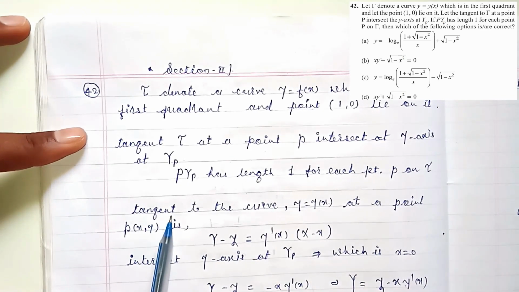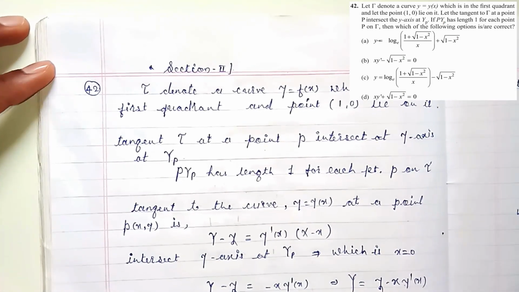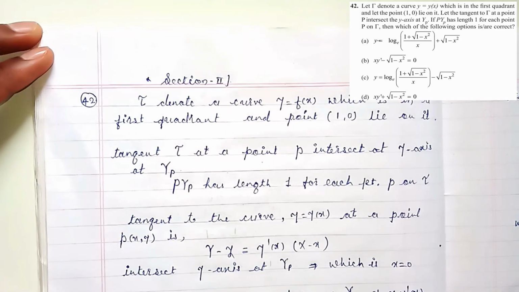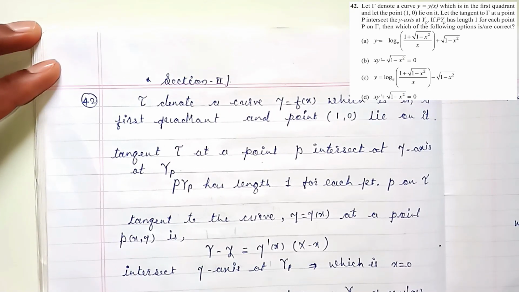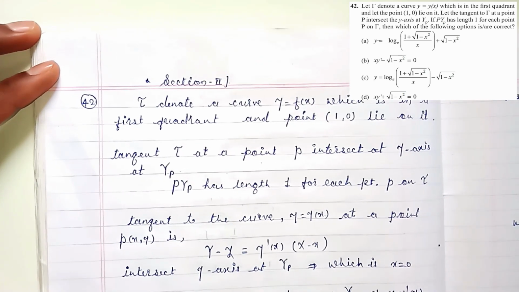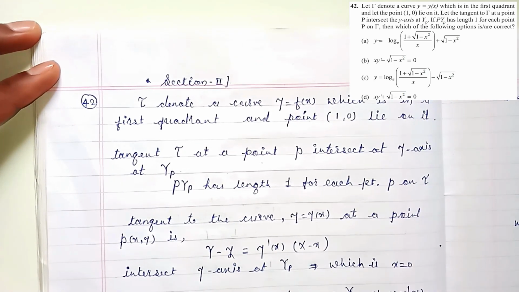Now we try to remember a result from the application of differentiation. When we have a tangent to a curve y equal to f(x) at a point (x, y), and the main curve at a point (X, Y), we write Y minus y equal to y'(x) into (X minus x).